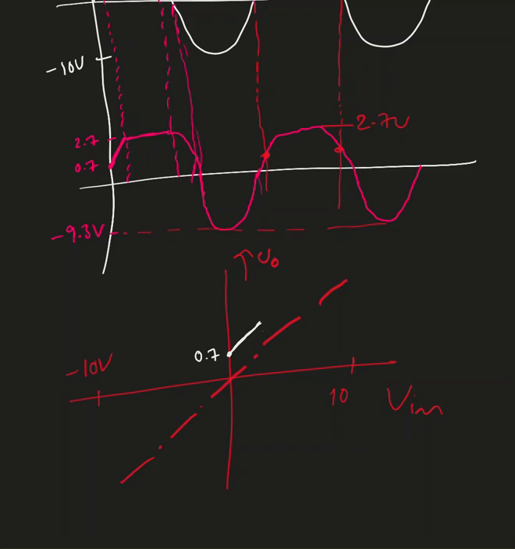So here input is 2 volts, but my output is 2.7 volts, and it is going to be flattened. Even when the input is varying from 2 to 10 volts, my output is constant at 2.7. On the reverse side, it follows the input, but it is going to stop at negative 9.3 volts. So this white line is the transfer characteristics.